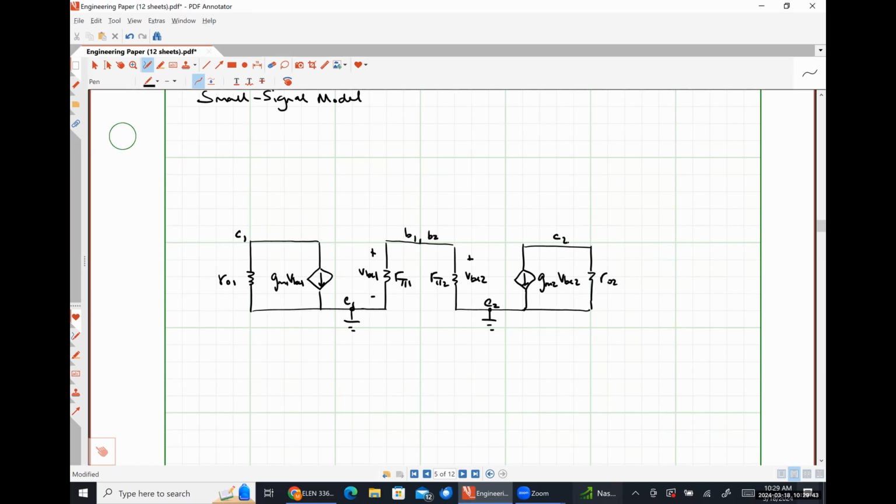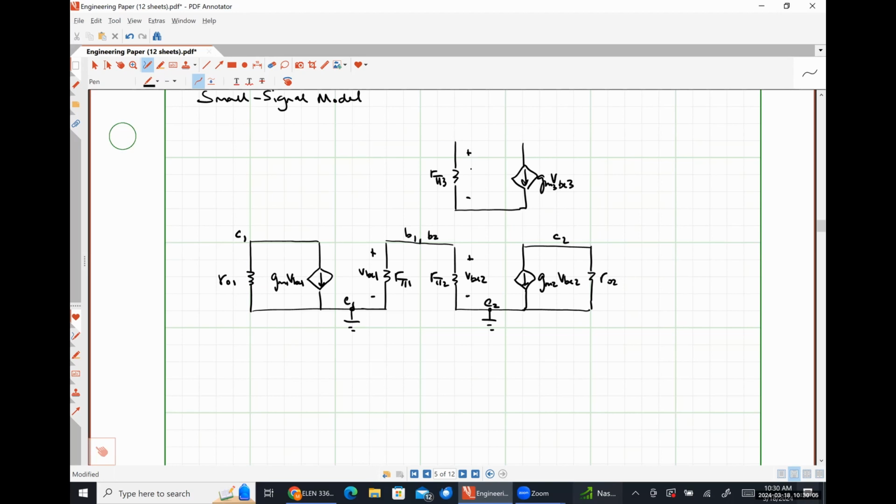Up here, we're going to put that transistor 3. So here's RPi3. GM3, VBE3.